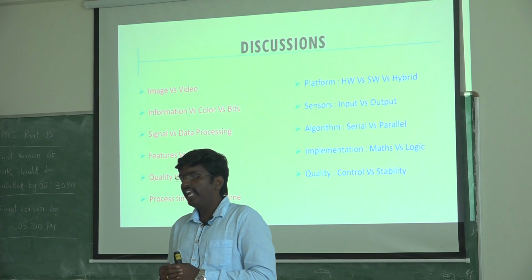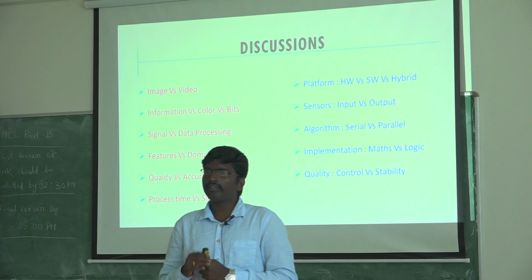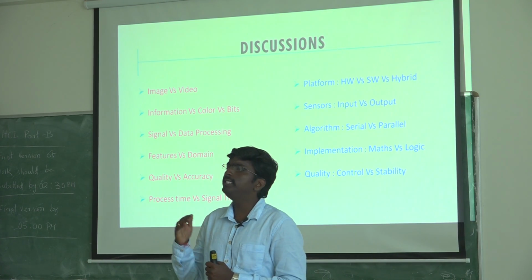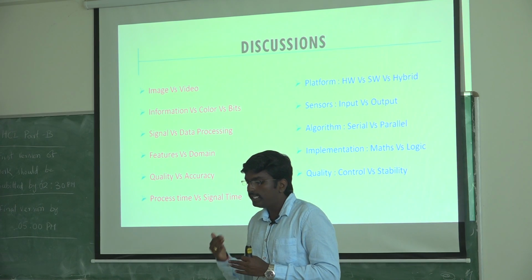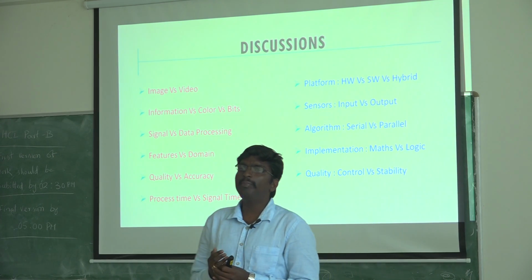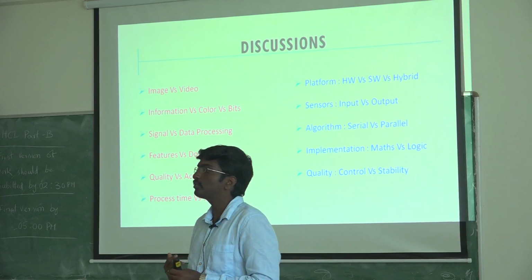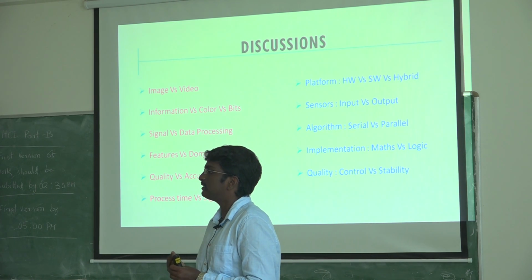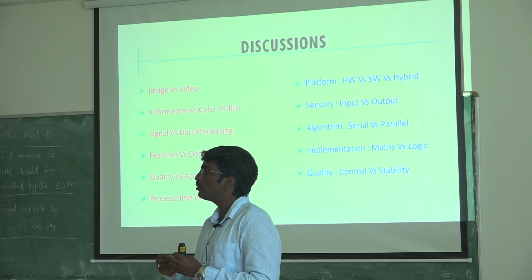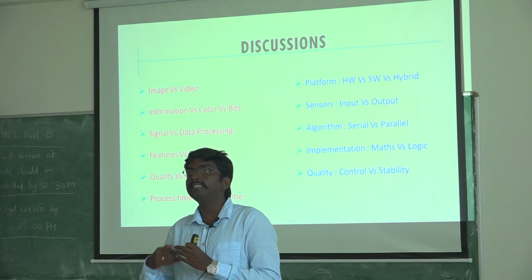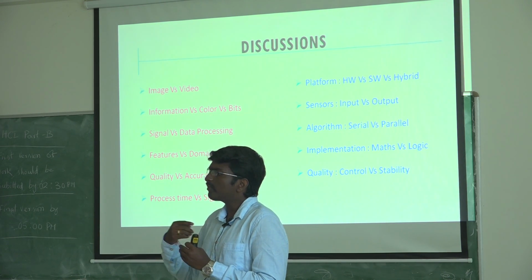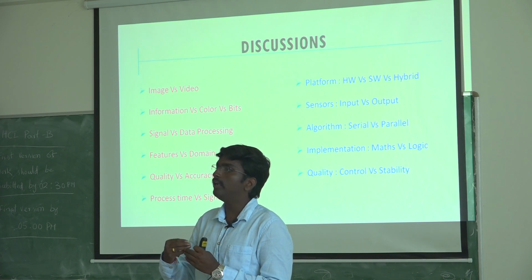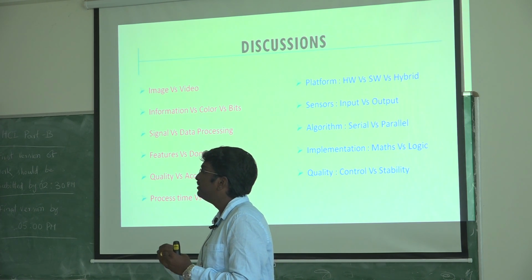If I'm choosing a software kind of algorithm, mostly a serial algorithm will be better. Why? Most of the time our software language codes work instruction by instruction. It can do one operation, then a second operation, and it reuses the hardware. So if the algorithm is serial, it is better to handle with software.